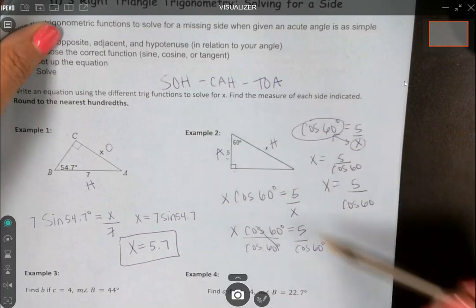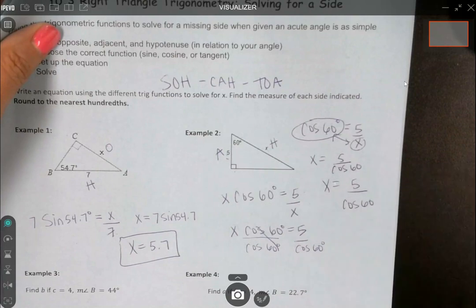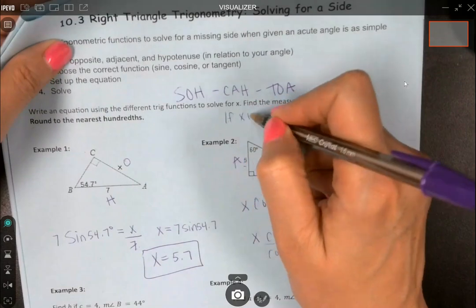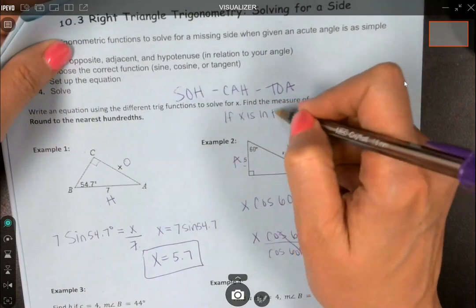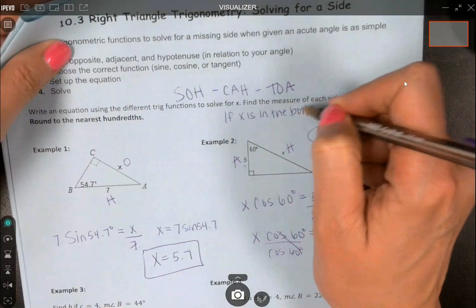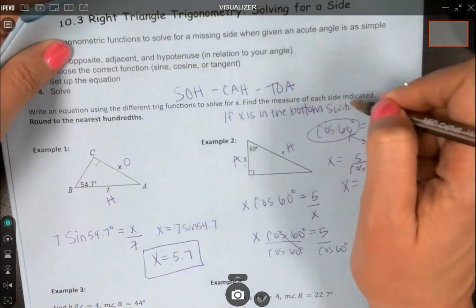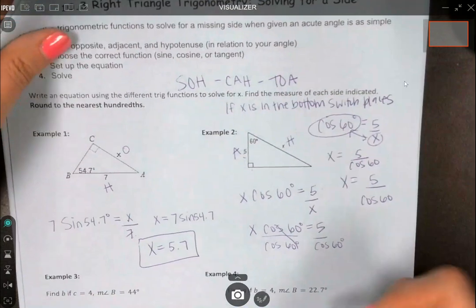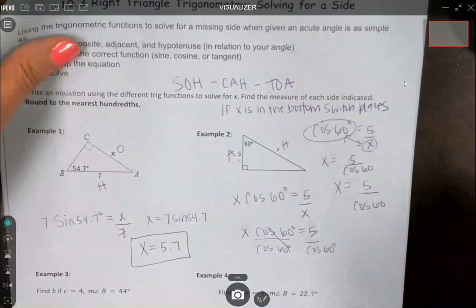So that's kind of a shortcut. You can go through the steps and get the same thing, or you can do the shortcut, okay? So in your notes, you probably want to write, if X is in the bottom, switch places. Okay, and you'll probably have to look back at that note sheet to see how to do that.